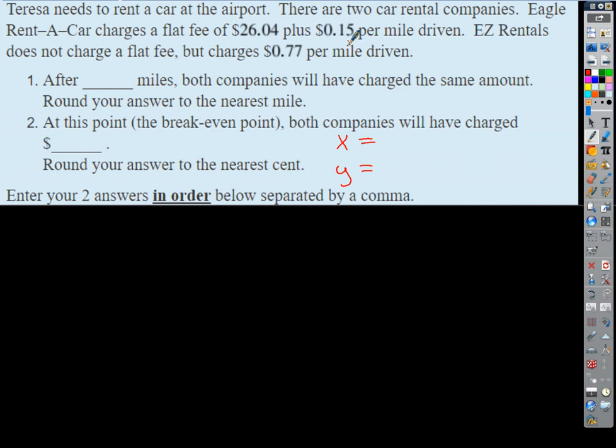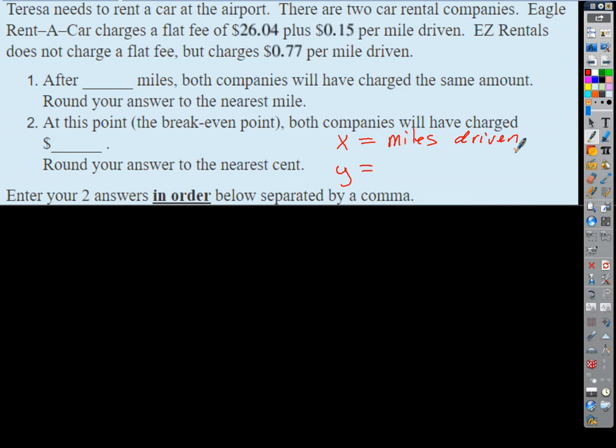Okay, the total amount he pays is probably going to change. But the rate he's paying per mile, does that change? Okay, so that's not a variable either. So we have to think about what x is, a variable, right? Maybe the number of miles. Okay, the number of miles, all right.